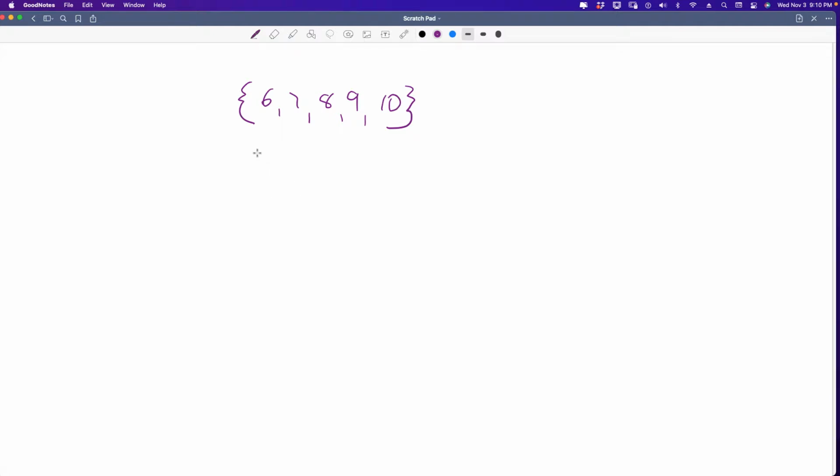Now, an infinite set might look something like this. This is, if you remember, the set of whole numbers. The whole numbers begin with 0. They have no end. They go on and on and on because you can always add one more.